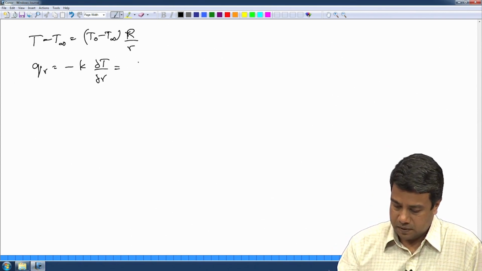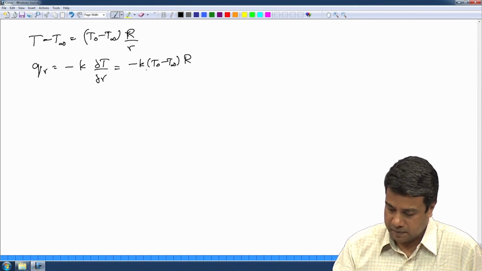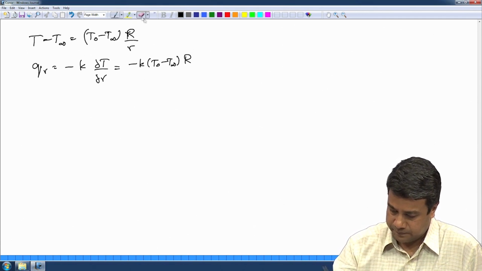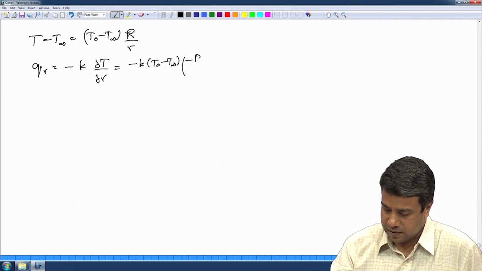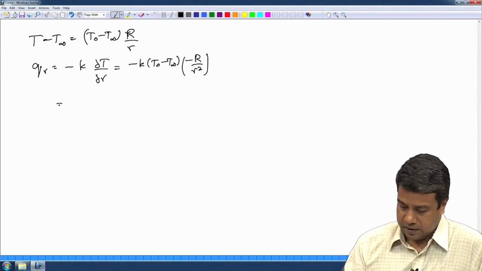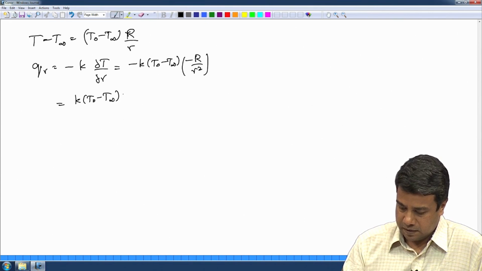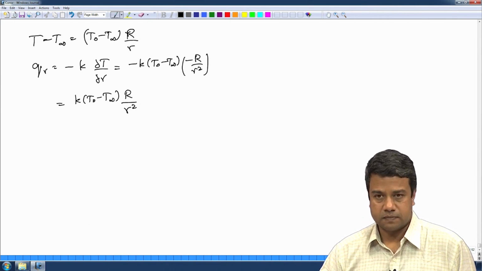This will be equal to minus K into T naught minus T infinity into R, the derivative of 1 over r is going to be equal to minus 1 by r square. So, this is going to be equal to K into T naught minus T infinity into R by r square. So, that is the flux.